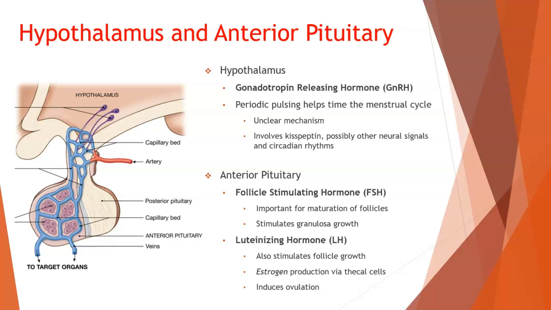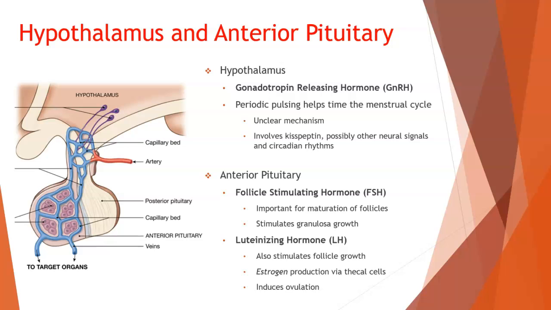The release of GnRH is also controlled by both positive and negative feedback from ovarian hormones. When it reaches the anterior pituitary, GnRH stimulates the release of both follicle-stimulating hormone and luteinizing hormone. While both of these travel to the ovary, they each target a different cell type.